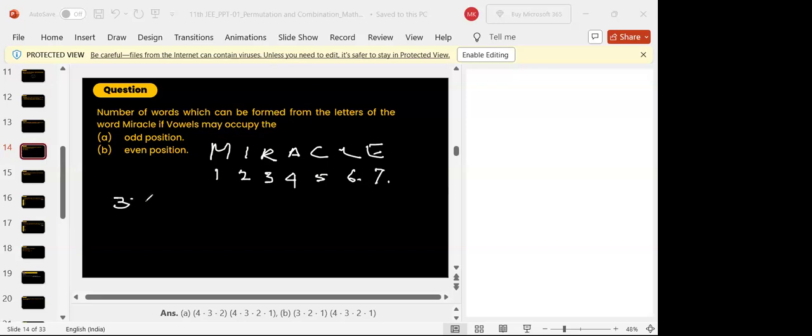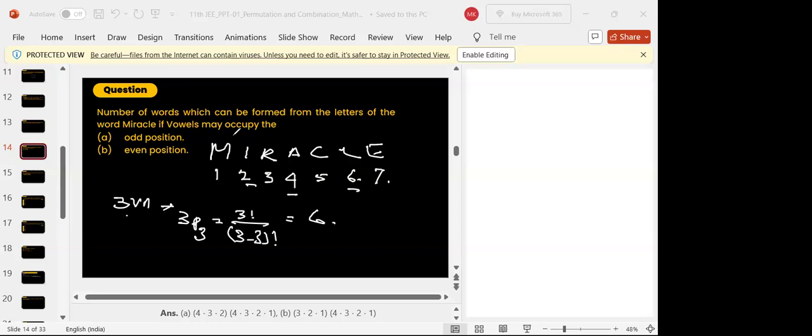The 3 vowels in even positions, which are 1, 2, 3, that is 3P3, which is equal to 3 factorial divided by 3 minus 3 factorial. That is also 6.